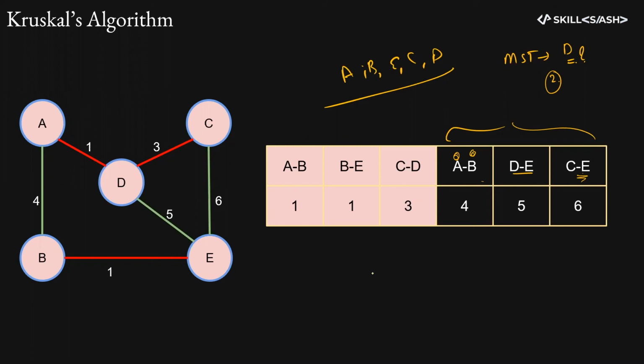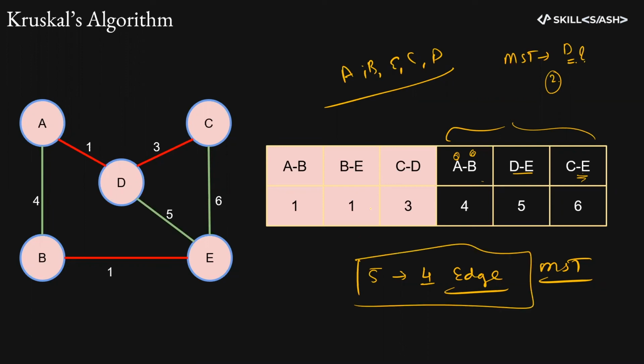As per logic, if there are 5 nodes, 4 edges should be there in the spanning tree or minimum spanning tree, as per mathematics. I told you guys to figure it out. That was this part. Where we are missing, we have added only 3 edges.